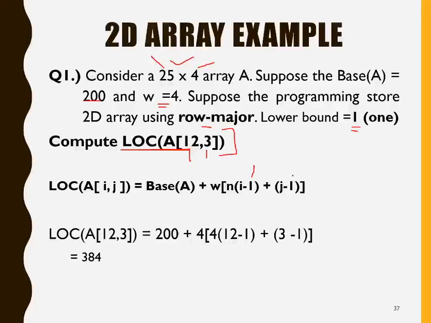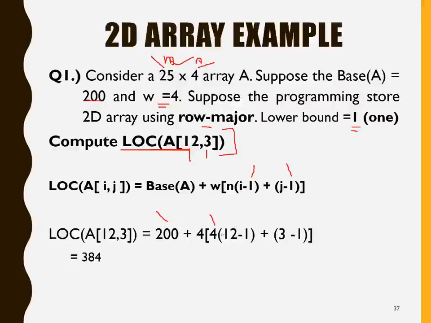So we put the value 1 in this formula, and based on this the formula is applied. 200 is the base address, 4 is the width. As it is row major, this is the value of n. It is an m cross n array, so 25 is m and this 4 is your n.